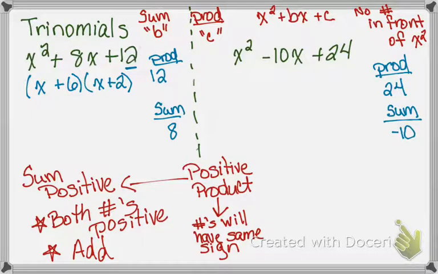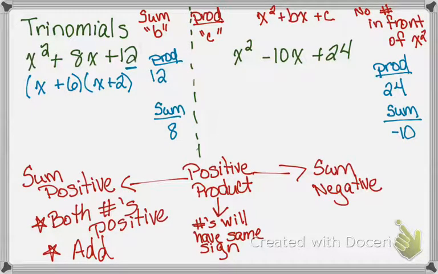Okay, so I have a positive product, and anytime I have a positive product, I absolutely will have two numbers that have the same sign. There's no other way to get a positive product. Now, in this situation, my sum is negative.